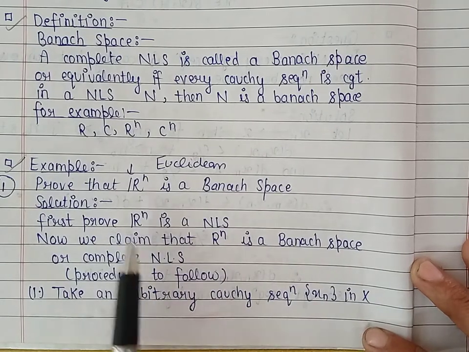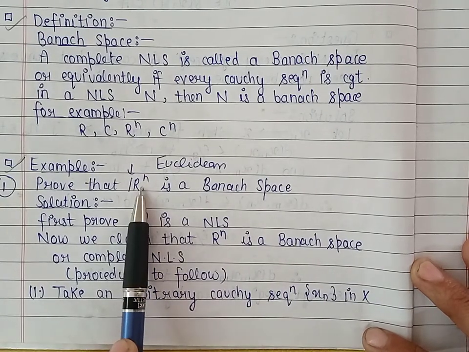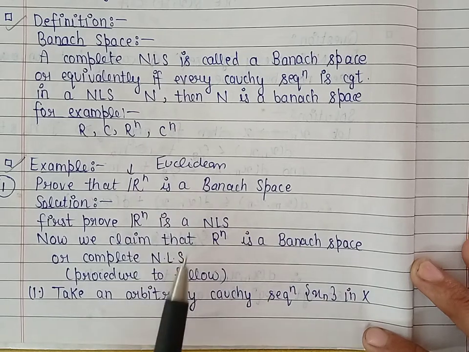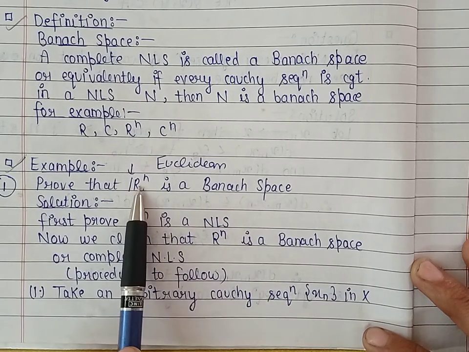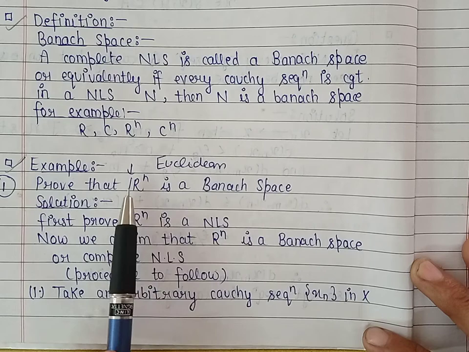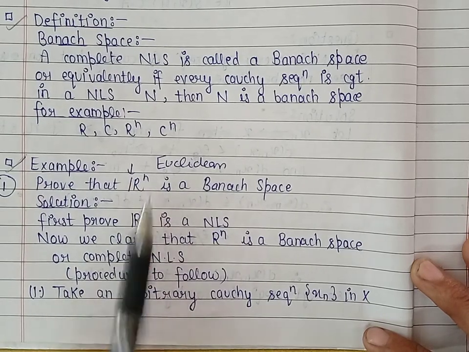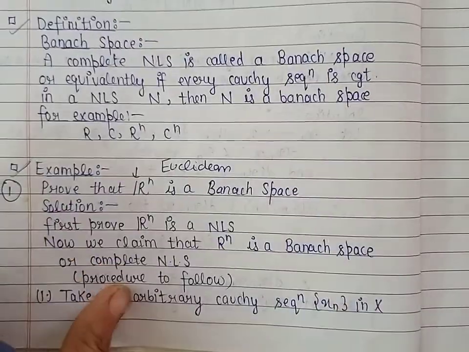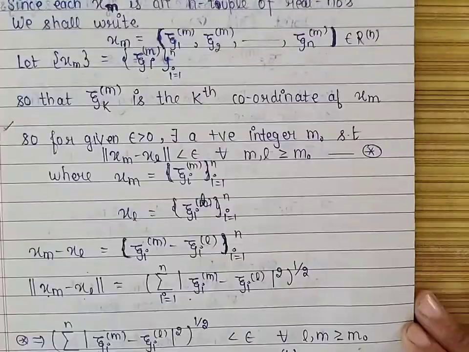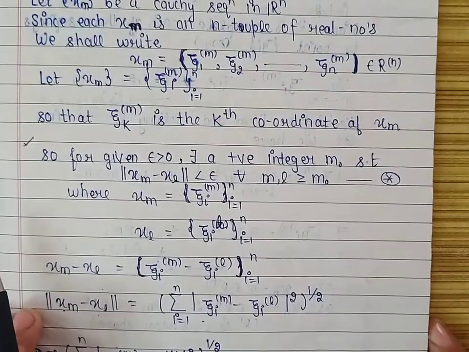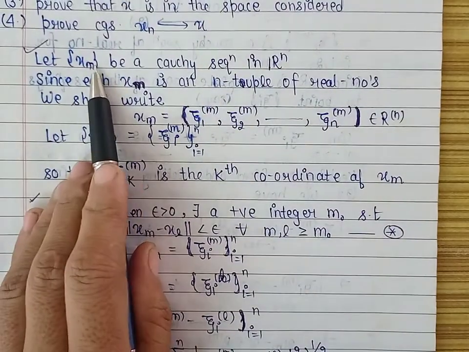Now to prove this is complete, we will take an arbitrary Cauchy sequence in this space, and we prove that that Cauchy sequence converges in the same space. So let us take a Cauchy sequence we have denoted by xm.